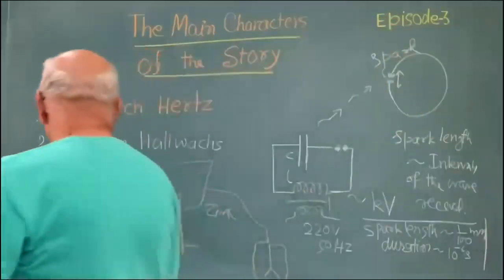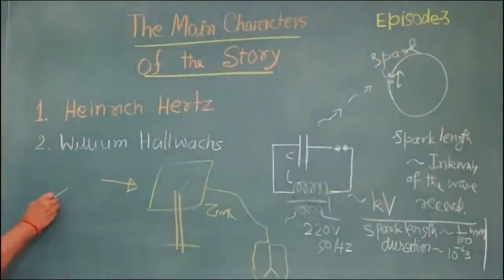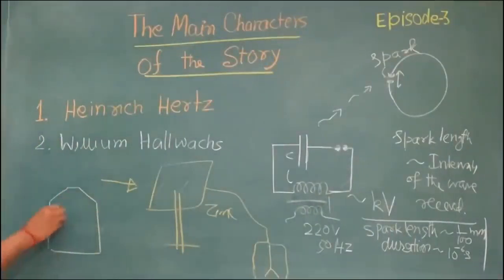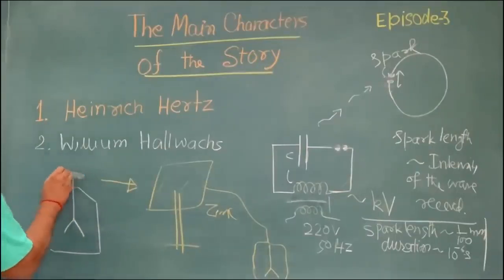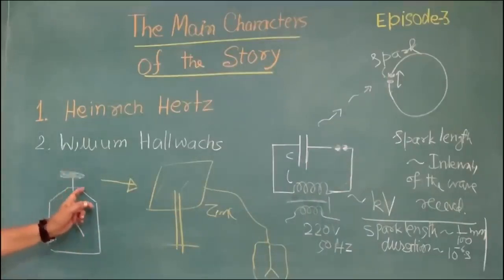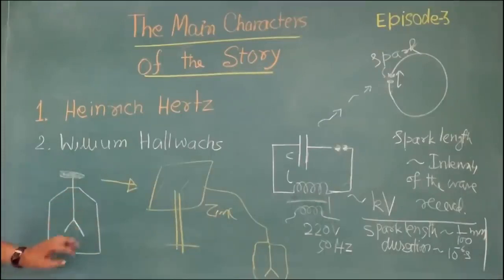So if you have an electroscope here, with the two leaves here and your metallic end here, and of course everything is metallic, this is an enclosure, transparent, so that you can see what is happening. Initially the two leaves are just hanging.